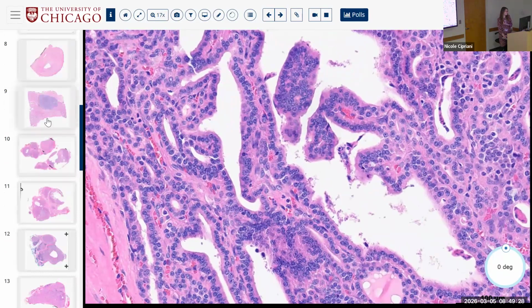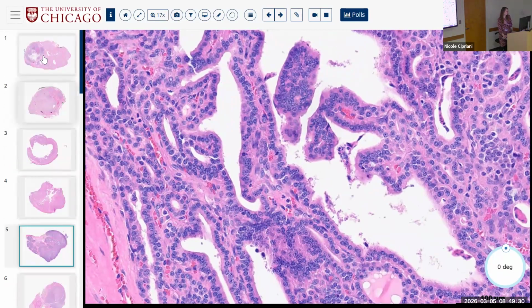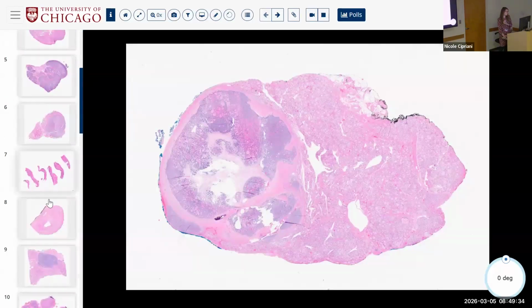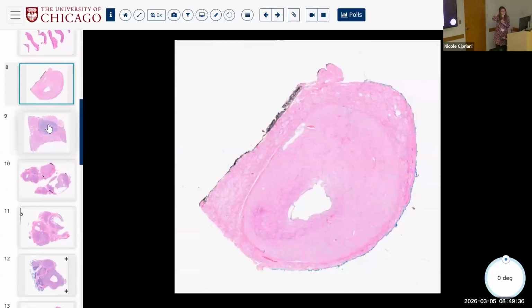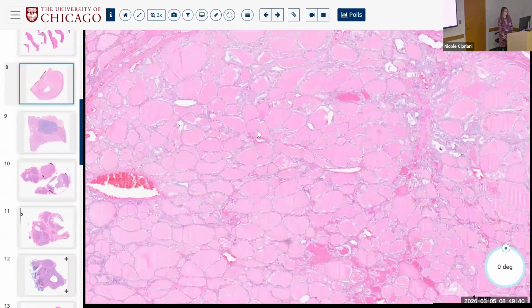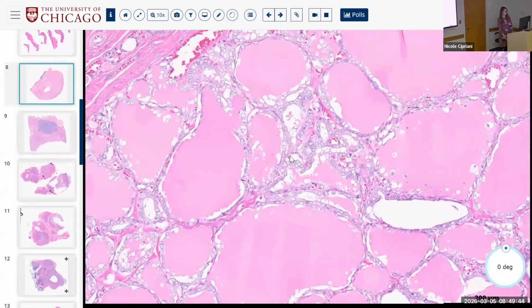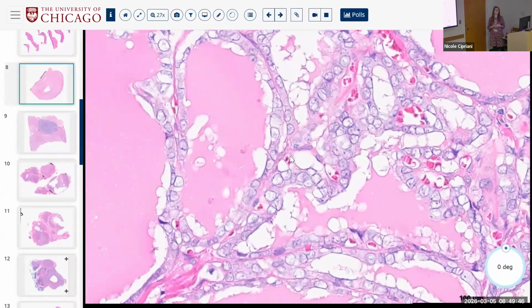It's always a combination of features. So these are two examples of BRAF V600E positive PTCs. If your differential is NIFTP, but it's too much, it's possibly BRAF.